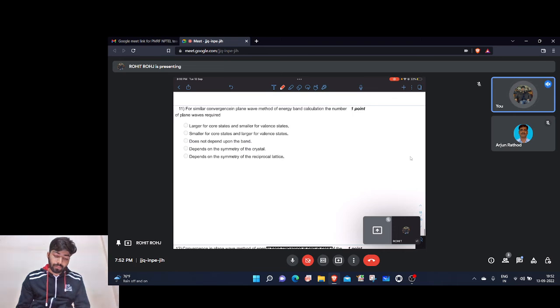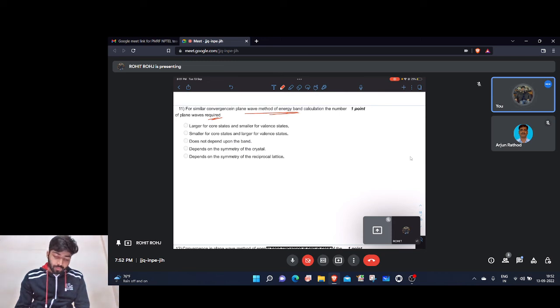Now moving on to the 11th. For similar convergence in the plane wave method of energy band calculation, the number of plane waves required. Now for the convergence of these plane wave energy band methods, this convergence is smaller for core states and larger for valence states. This is a particular result that we have in plane wave energy band calculation. So one has to remember this.